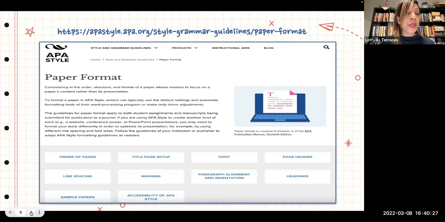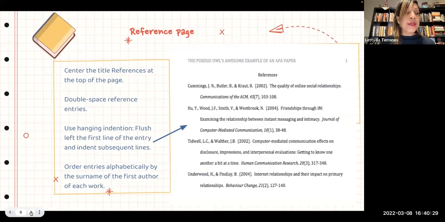Some other things, though, to keep in mind is that on your reference page, that's the last section of your paper, make sure that you always follow the rules of APA. So for instance, you're going to have your abbreviated title up here, the page number, then you'll have your references, the word references written in the middle. You'll notice that all of the different people that these researchers cited are in alphabetical order.